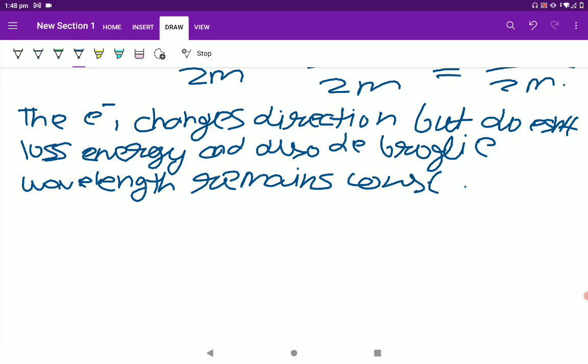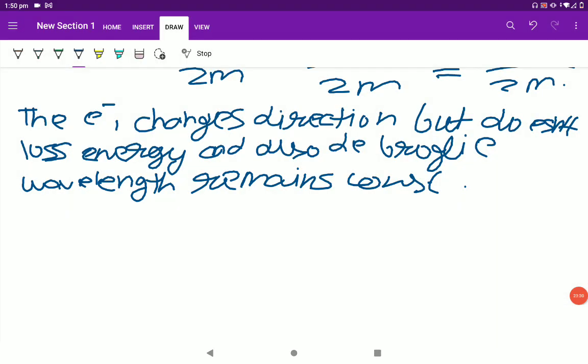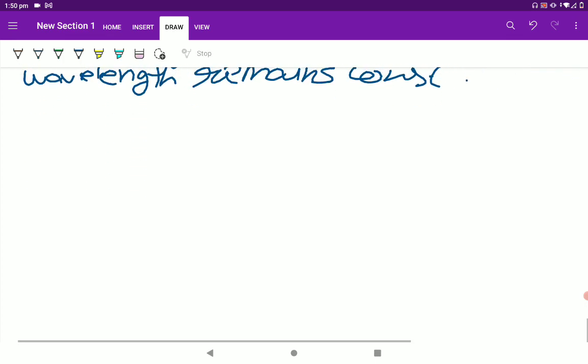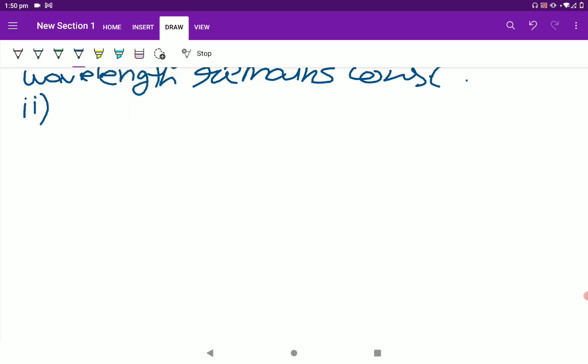So this is our first hypothesis for studying the diffraction in crystals. Now moving to the second hypothesis. This is our second hypothesis, that we will study the scattering in the far field approximation.